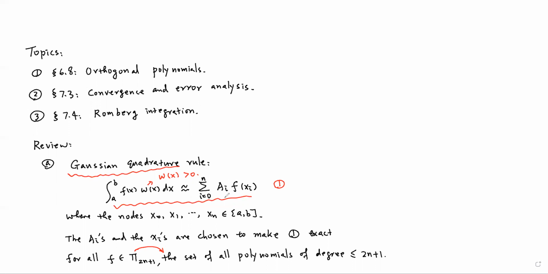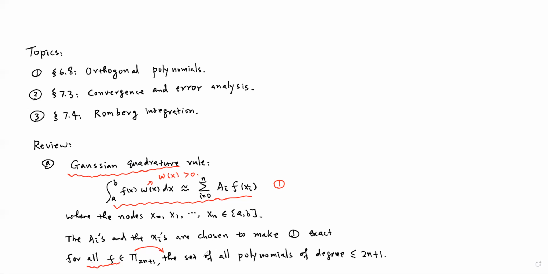In this formula, A and X are free to choose. We choose them so that the approximation is exact for all the polynomials f in this set.